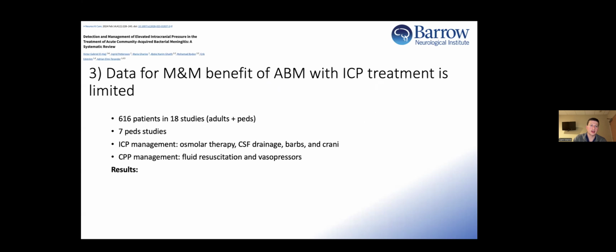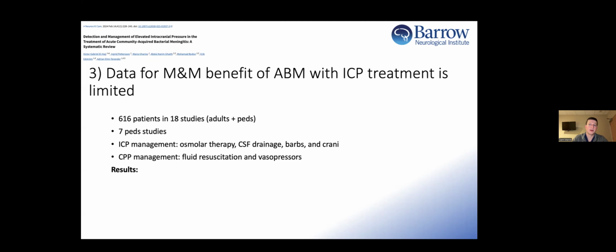This was the same review that I had mentioned earlier, a 2024 review published in the Neurocritical Care Journal of 18 studies consisting of 616 patients of both adult and pediatric age, where 7 of the 18 studies were pediatric studies.